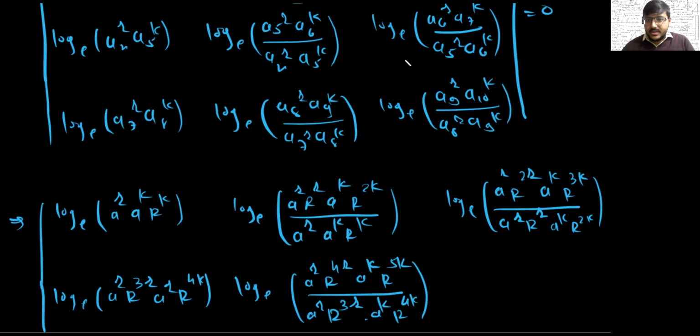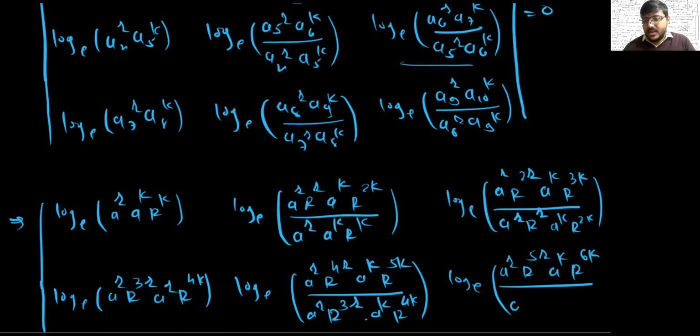And this third element, this element we are talking about: log e, a^r R^(5r), a^k R^(6k), divided by a^r R^(4r) and a^k R^(5k).